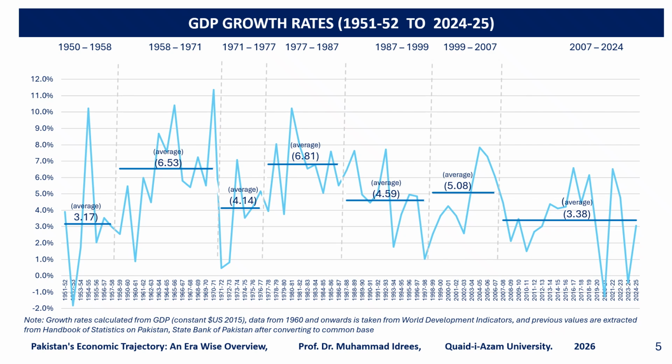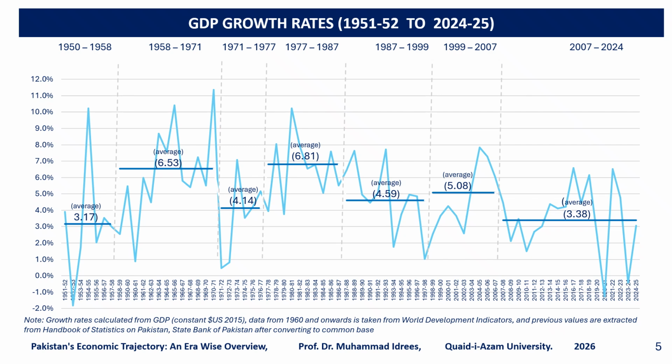And during the third military regime, the average annual GDP growth rates were 5.08. So, during the military regimes, the average annual growth rates were clearly above 5%, whereas in the case of the democratic regimes, the average annual growth rates were always below 5%.